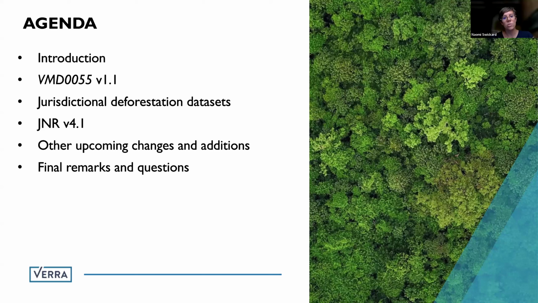We will give an update also in that context on the jurisdictional deforestation data sets, and in particular, the allocation data and the readiness of that allocation data for projects. We will also talk about JNR, which we put out updates to as well, go over a few other upcoming changes and additions, and give you all a chance to ask any questions that you might have.